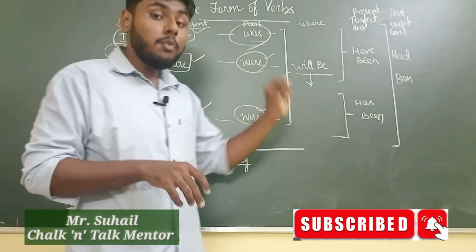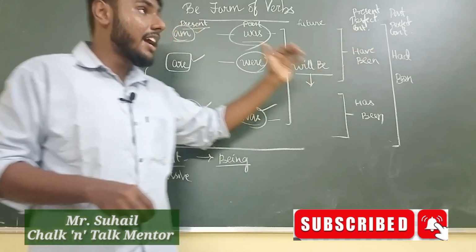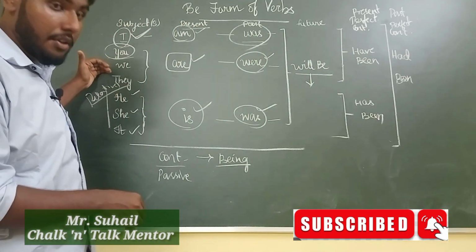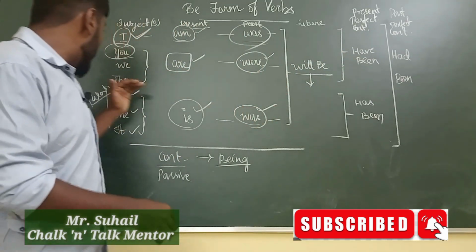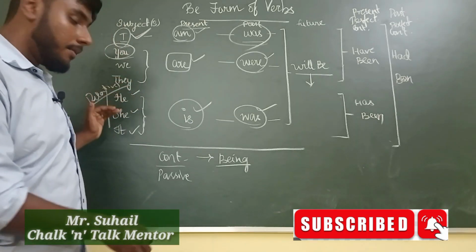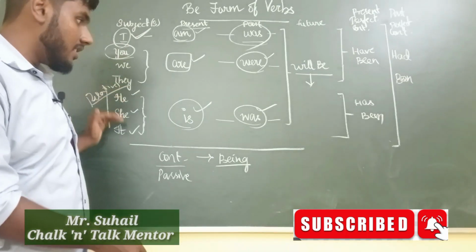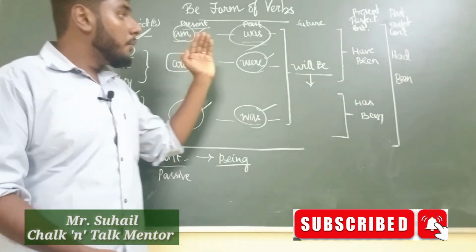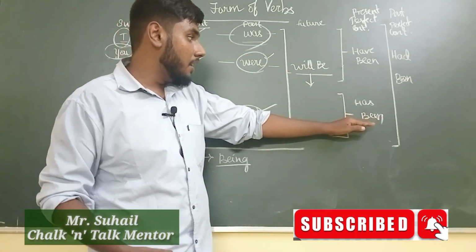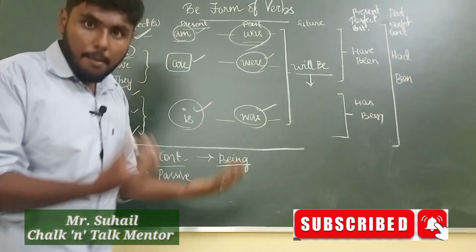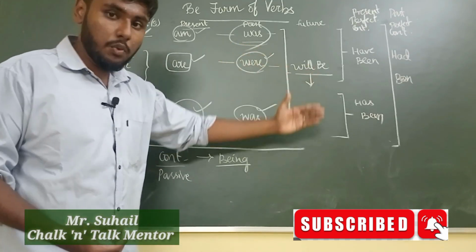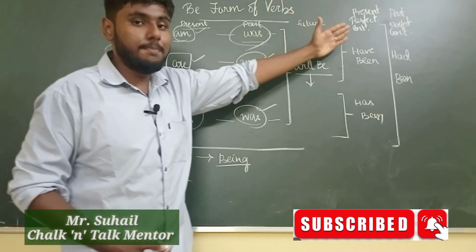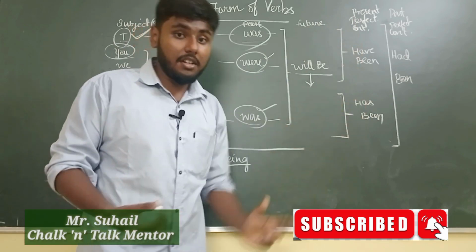So subject I will make use of have been just like how the other plural subjects are using, while other proper nouns and the relative pronouns that is singular by its nature will be using has been as its be form of verb when it is used with this aspect of tense, that is present perfect continuous tense.